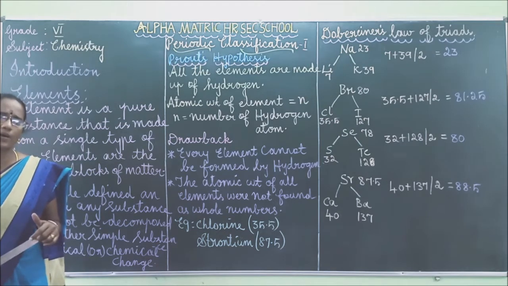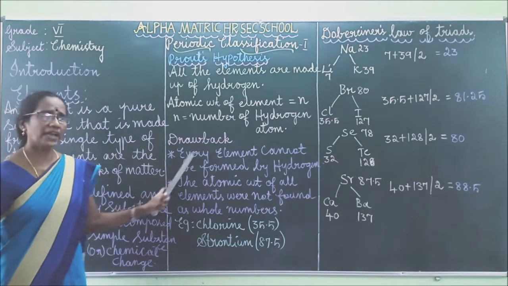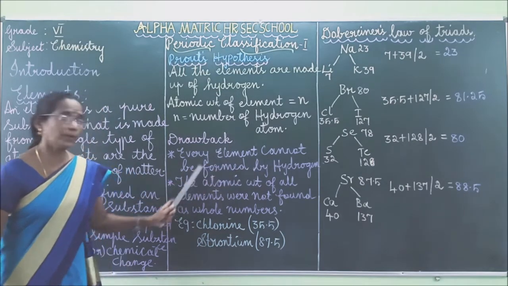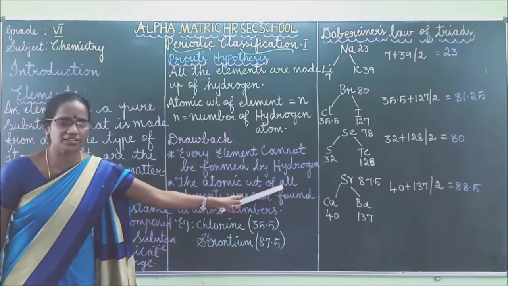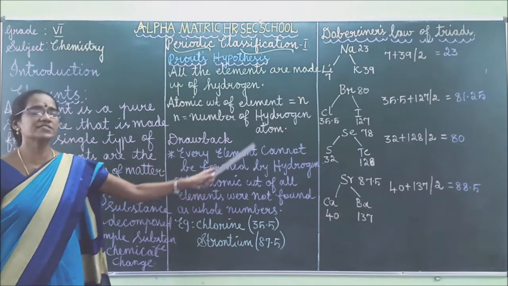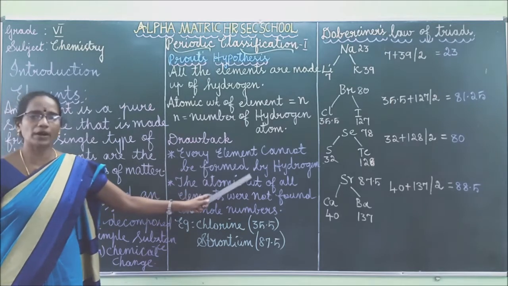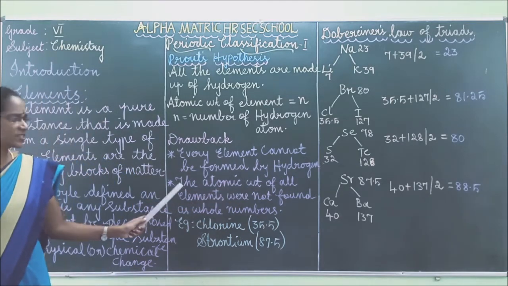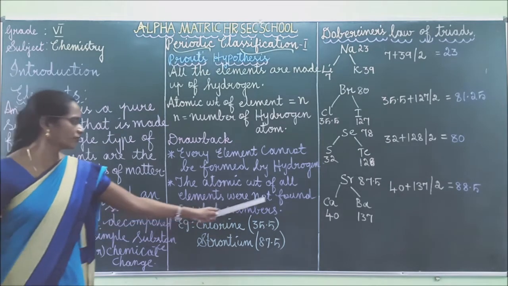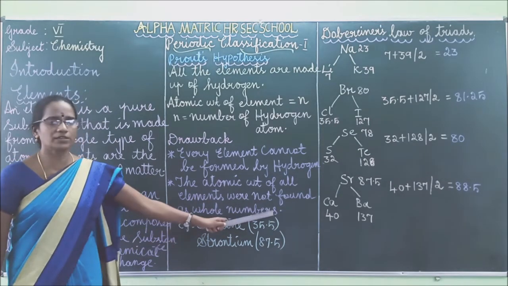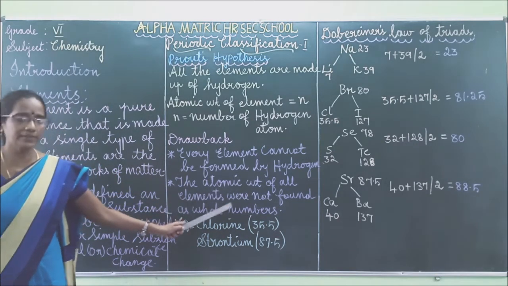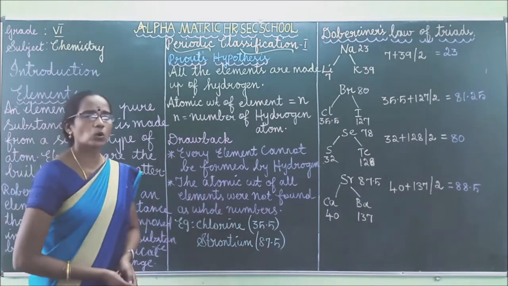What is the drawback? First one, every element which is present in the periodic table cannot be formed by hydrogen. That is the first drawback. So all the elements cannot be formed by hydrogen. Next, the atomic weight of all the elements was not found as whole numbers.